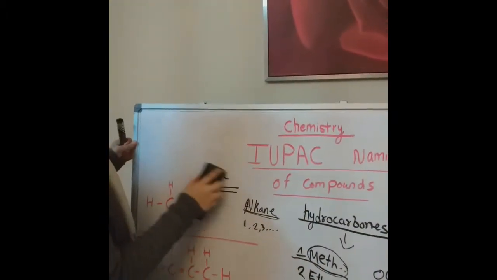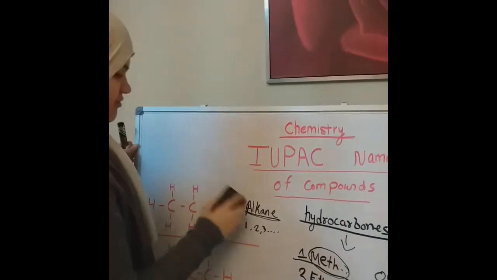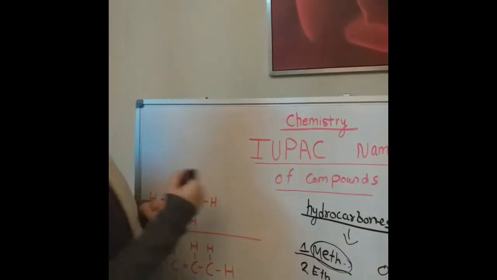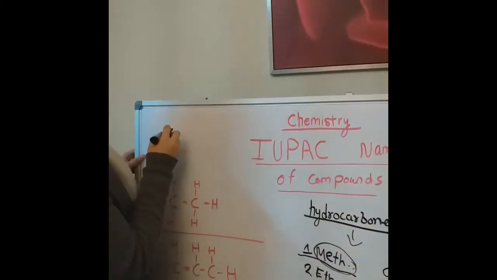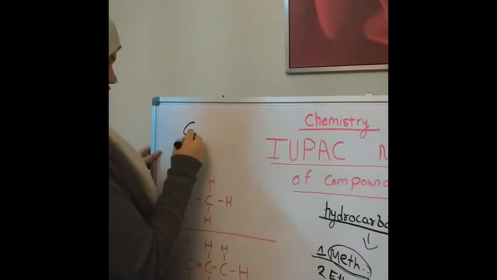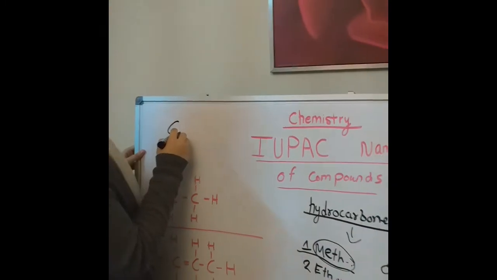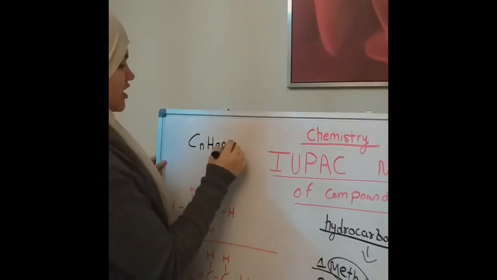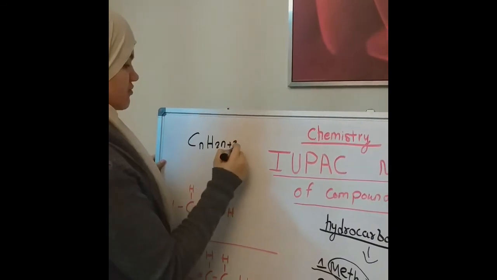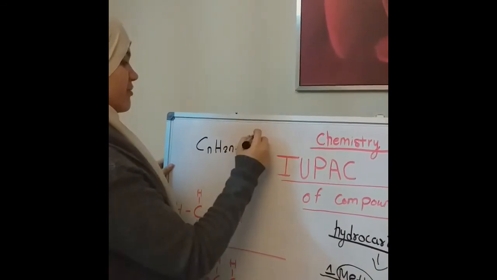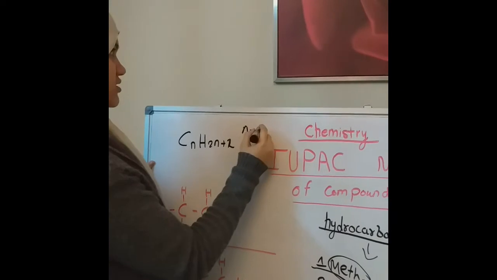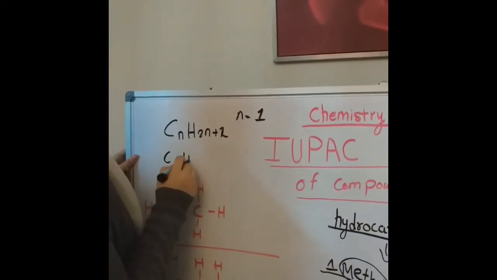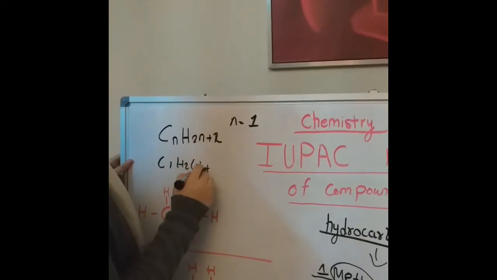If the formula is CnH2n plus 2, I will give you some examples by putting 1 in it. Then the number we will take is 1. So C1, H2 times 1 plus 2.